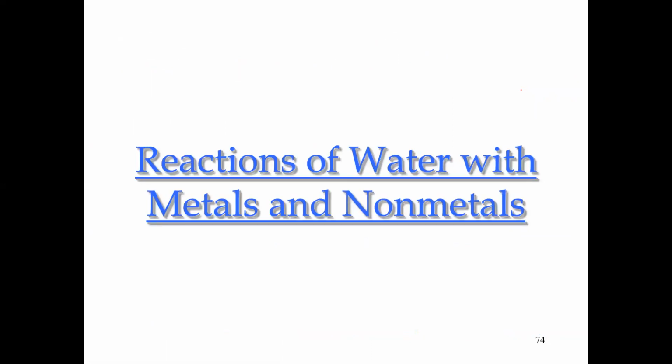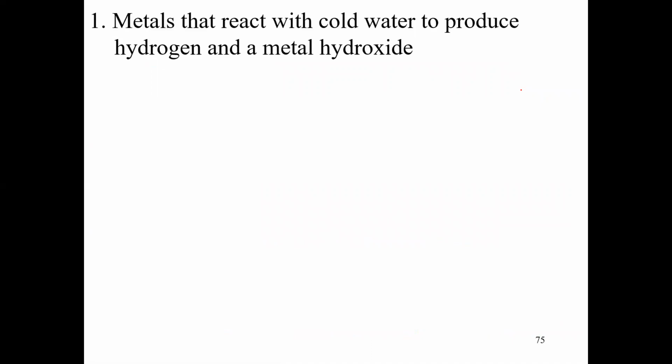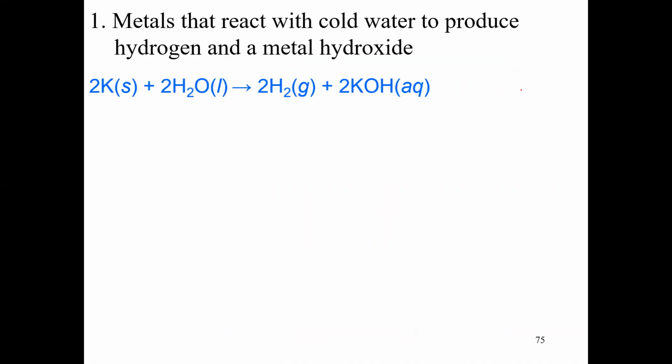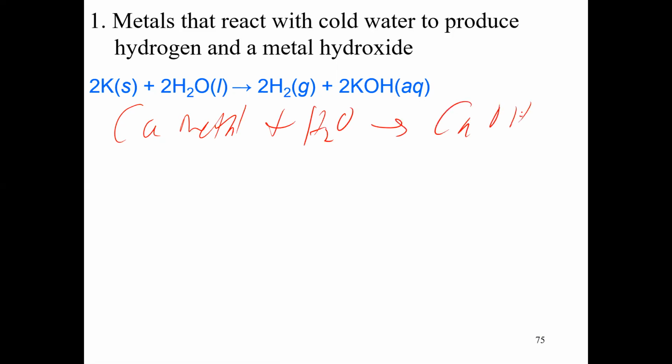Reactions of water with metals and nonmetals. Metals that react with cold water produce hydrogen and a metal hydroxide. These are typical reactions that will occur. So if you add potassium to water, you'll get hydrogen gas. And you saw that in some of the labs last semester, where you took calcium metal and added water to it. Essentially you got calcium hydroxide plus hydrogen gas.